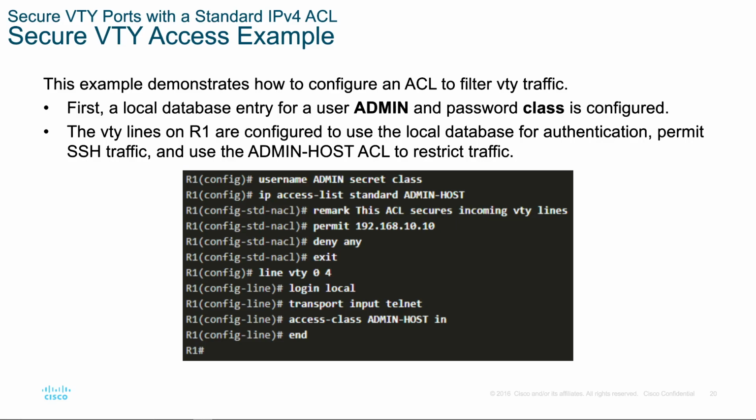You then, after that, go through the normal login credential verification. Okay, so any other host can't even attempt to log into the device. Only traffic from that specified address will be able to attempt to log in using the local credentials.